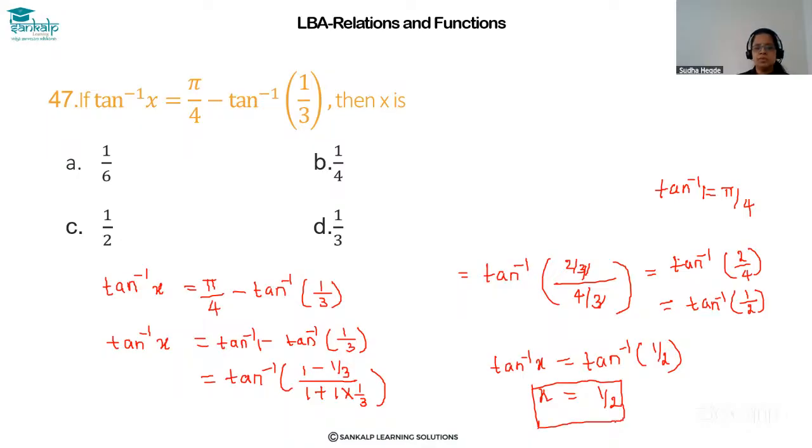Therefore, check the options. Option C, 1 by 2 is the correct answer. So the major rearrangement is that pi by 4 you have to replace by tan inverse 1. And using the tan inverse A minus tan inverse B formula, you can easily solve this type of question. Okay. Thank you.